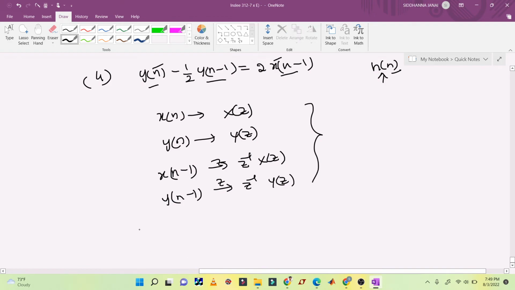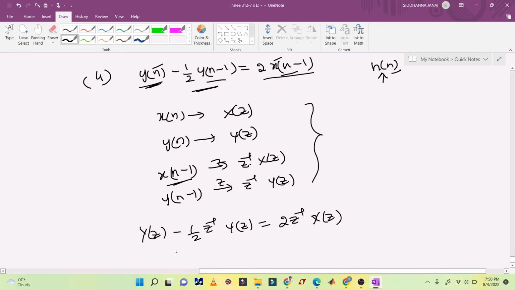Using these above terms, we can write the equation as y of z minus 1 by 2 z inverse into y of z, that is, first term y of z, second term minus 1 by 2 into z inverse y of z, equal to 2 into z inverse into x of z.